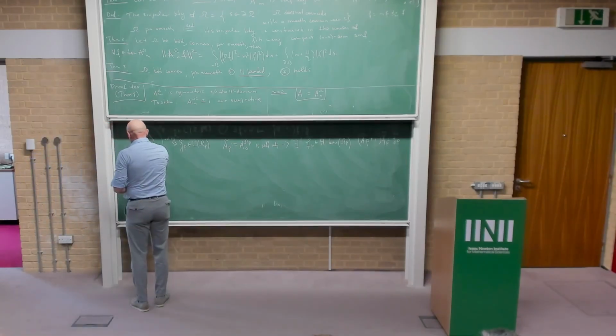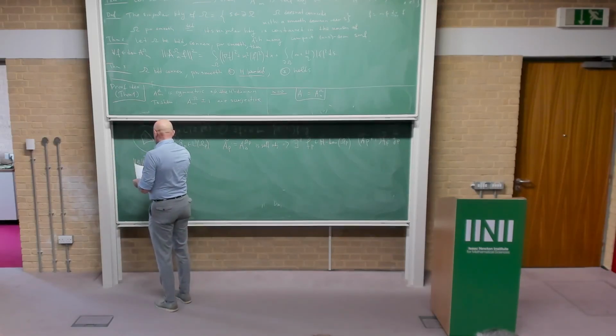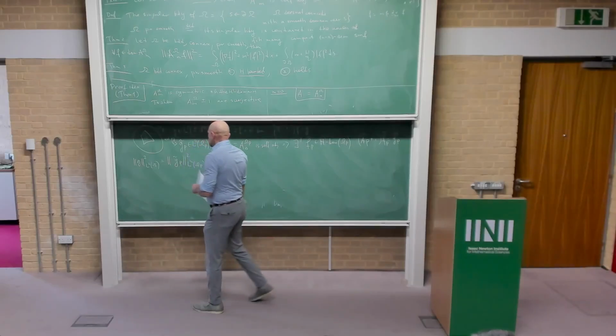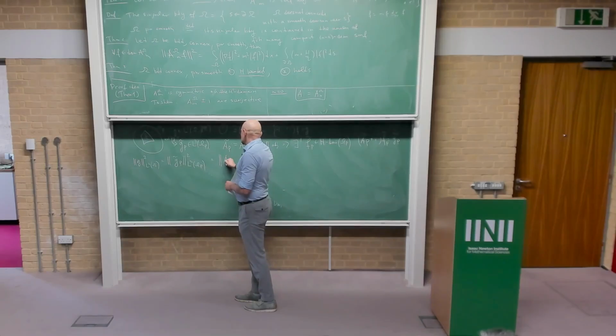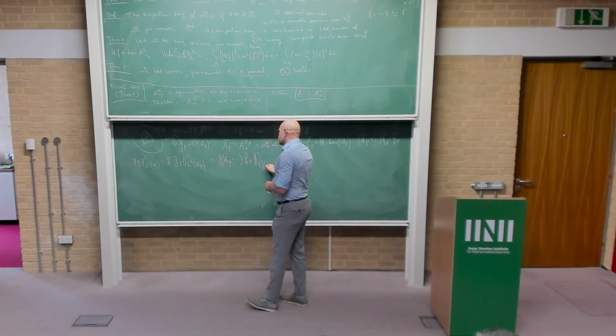The L2 norm of g is of course the same as the L2 norm of the zero extension. Then you write it as the norm of (A_p plus i) f_p on Ω_p.